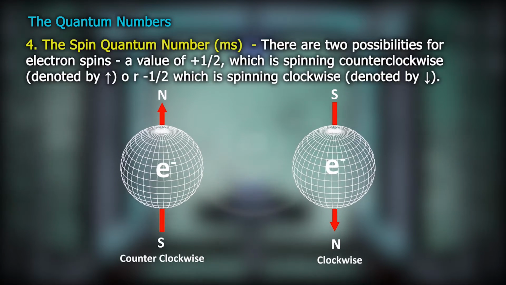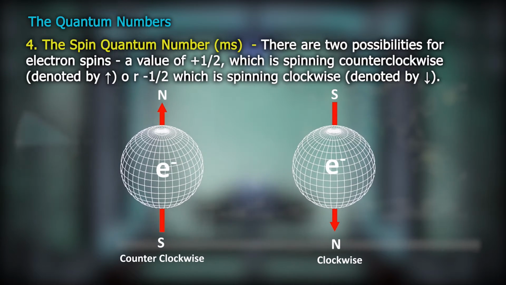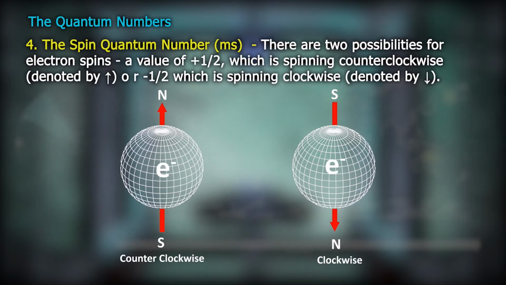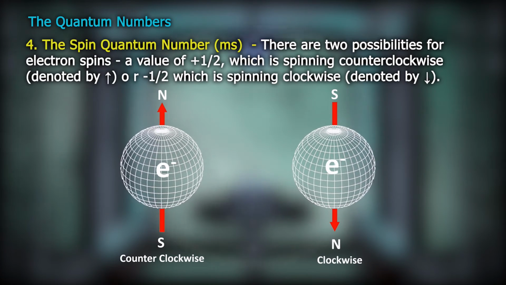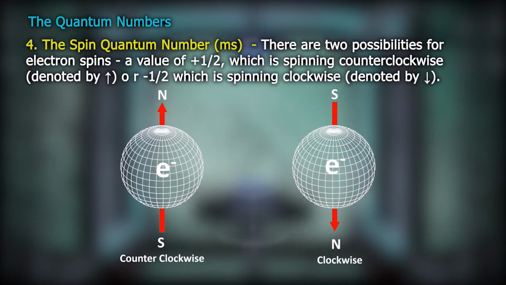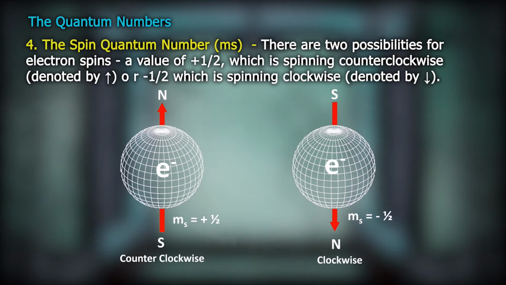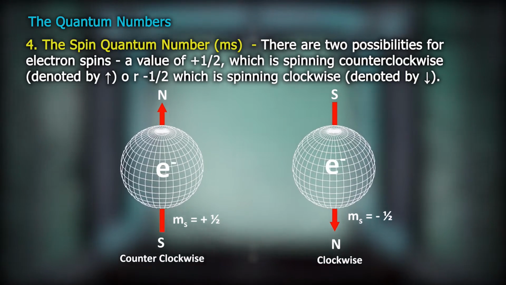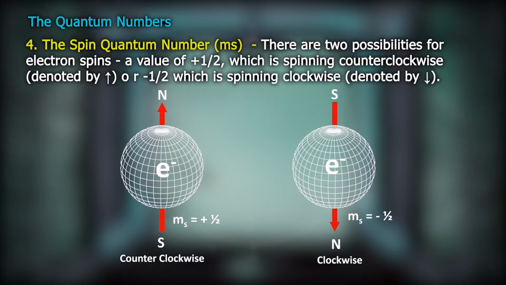The spin quantum number. George Uhlenbeck and Samuel Goudsmit proposed that an electron spins on its axis as the Earth spins on its axis. There are two possibilities for electron spins: a value of positive 1/2, which is spinning counterclockwise, or negative 1/2, which is spinning clockwise.